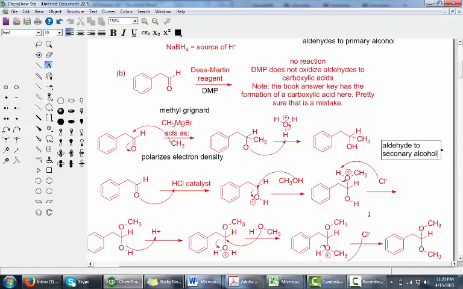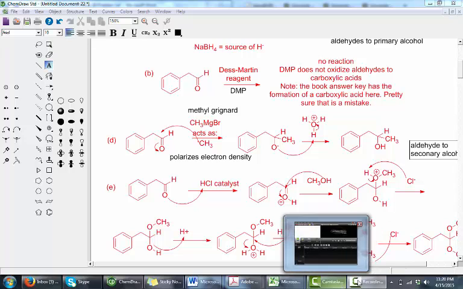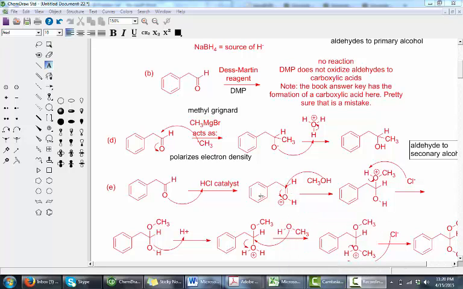Now, what I can do is look at my part E, which asks what happens if I take my phenylacetaldehyde and I treat that with HCl catalyst now and methanol.